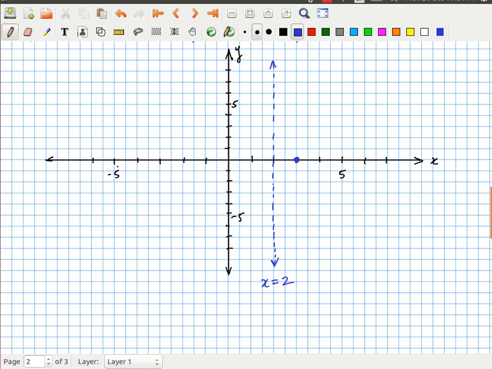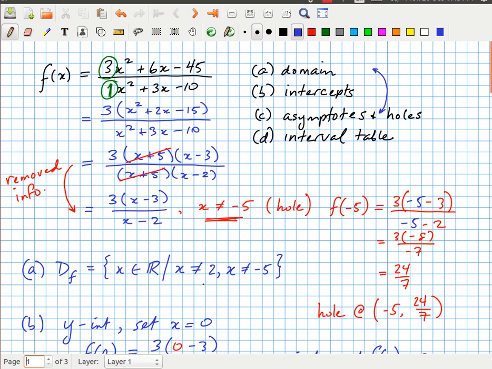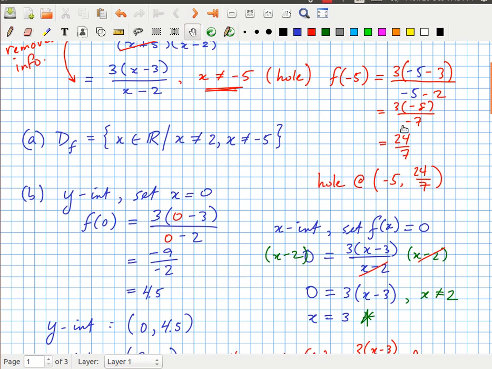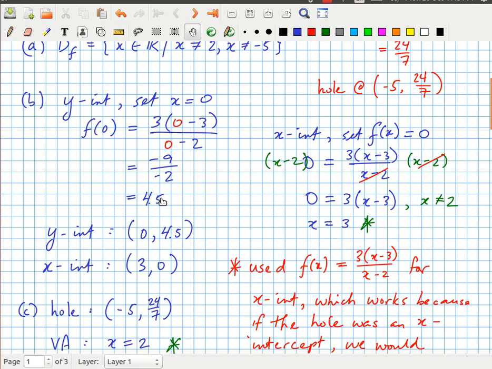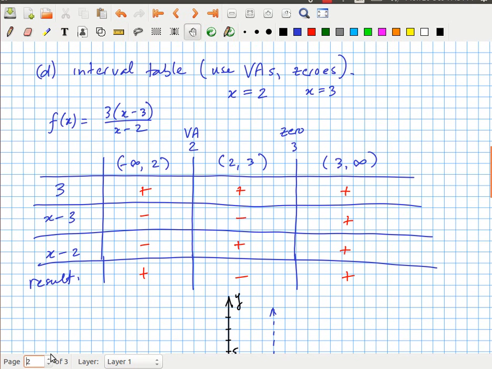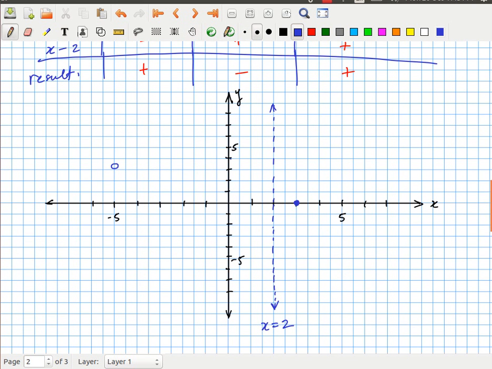So over here at negative 5 and about just short of 3.5, I've got my hole. And I said that I had a y-intercept at 4.5, so that one's at negative 5, and my y-intercept is at 4.5. So y-intercept at 4.5, a little bit higher here.